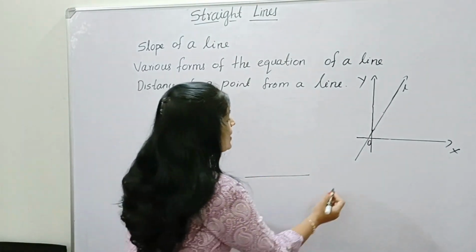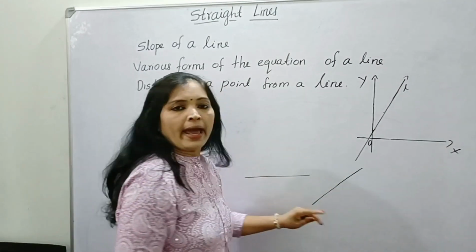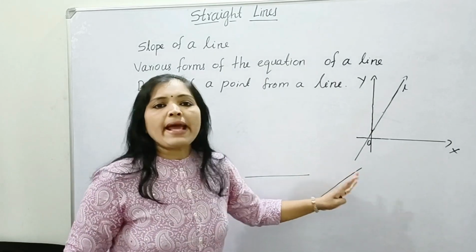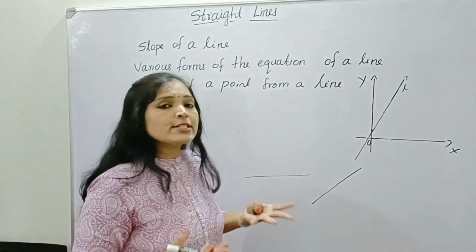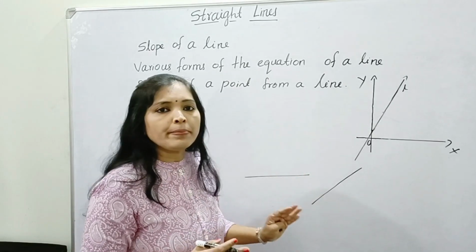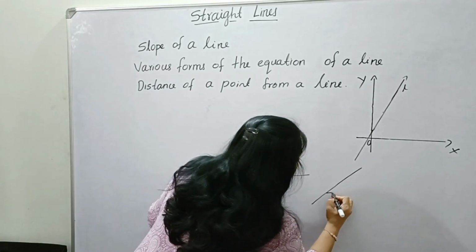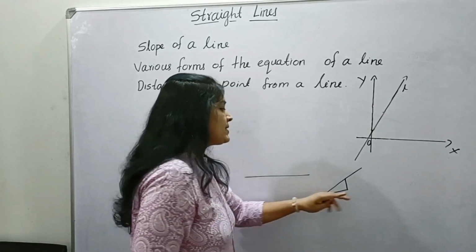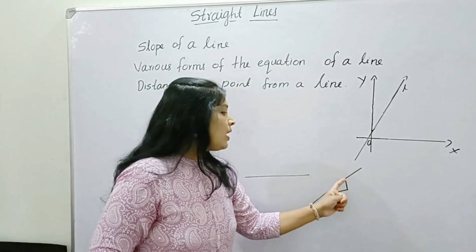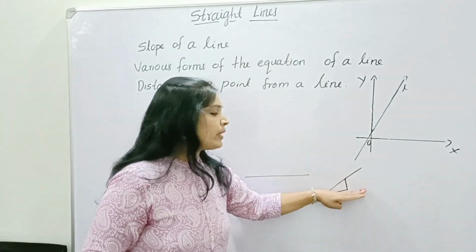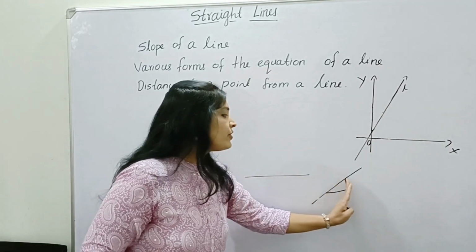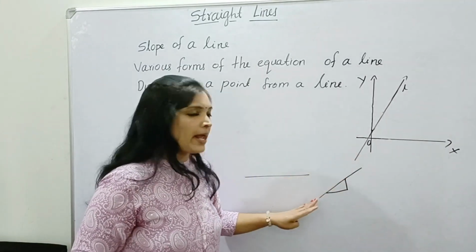So if a road is like a slanting line, now it has a slope, right? So what is the slope? It is the measure of the steepness of this line, that is, the ratio of the rise to the run of this line.